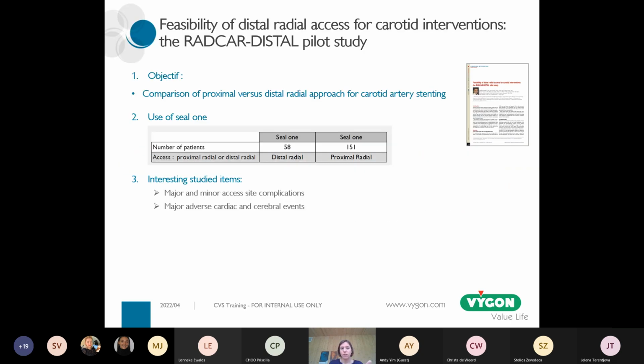We have a study to compare the distal radial approach and the proximal radial approach for carotid intervention, and for both distal and proximal, SIL1 is used. They studied the complication rate and the major events.